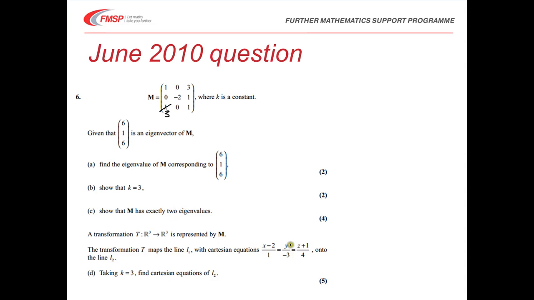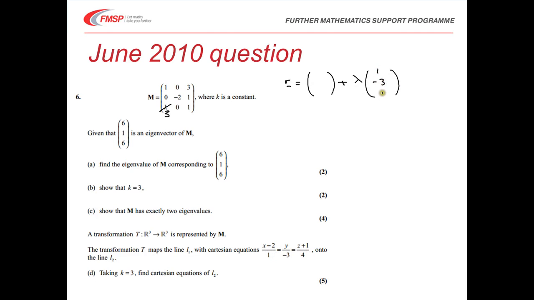Okay, so I strongly recommend here for this kind of question, you don't really want to be working with Cartesian equations. You'd really prefer to write that in a vector form. So you need to know how to do this, and the vector form means something possibly like this. So you have a point and then a direction. Now the direction is just these 3 denominators to form a vector.